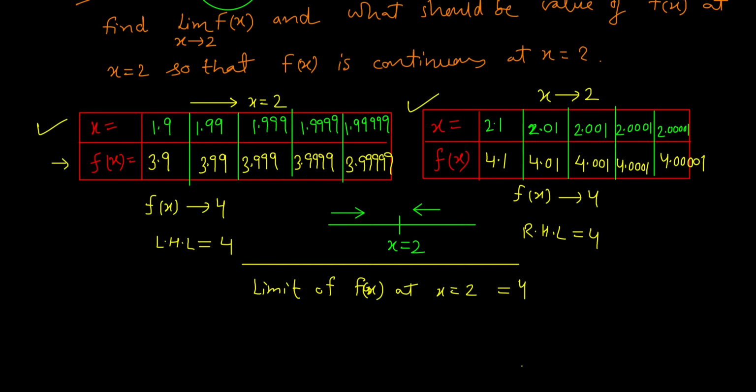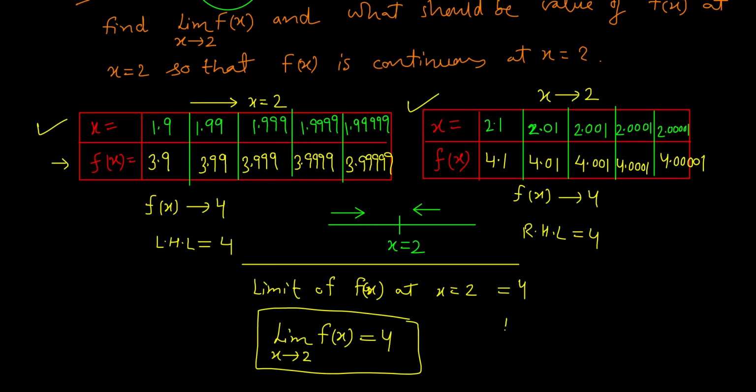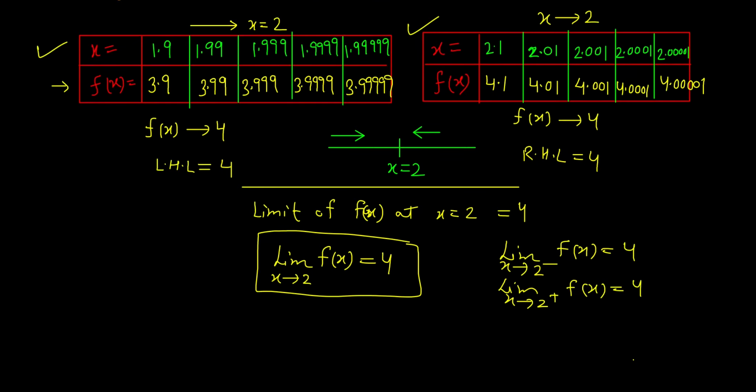Mathematically you can write it like this: limit x tending to 2 of f(x) is equal to 4. In this particular example, the left hand limit, x tending to 2 minus, of f(x) is equal to 4. The right hand limit, x tending to 2 plus, of f(x) is also 4. So we found that the limit of the function is 4 at x equal to 2. This is the first answer of our question.